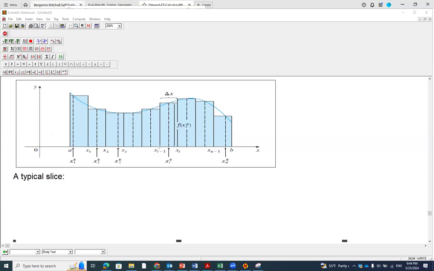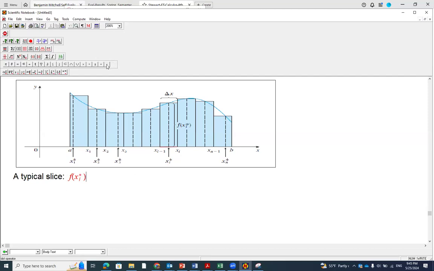This is the width, that's how wide it is. It's delta x. And for the height, we can choose any point in the subinterval. We call it x sub i star. We use that x sub i star as our input for the height of the function.